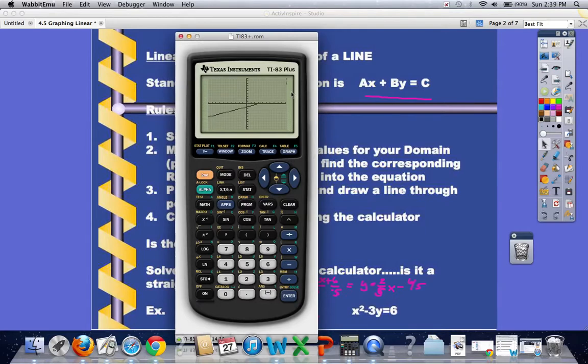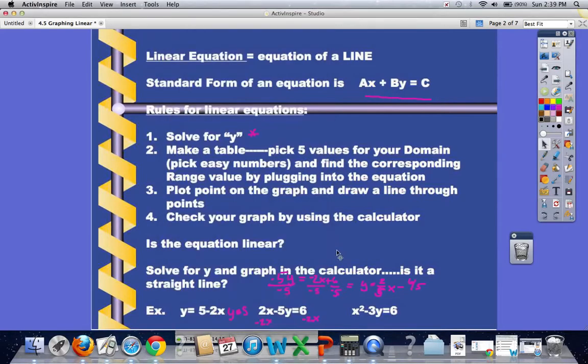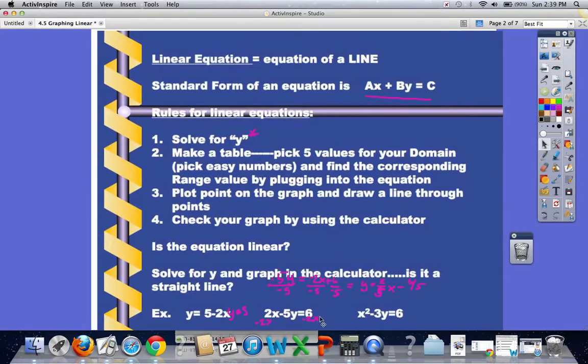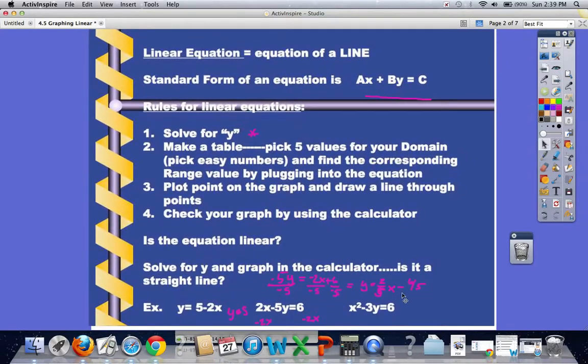Now you notice this little cursor thing up here; when it's not up there, that means it's finished graphing. So this one is, again, another straight line, so the answer would be yes, it is linear.